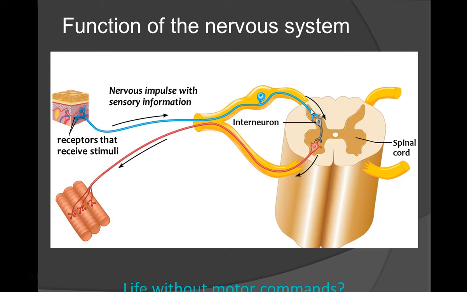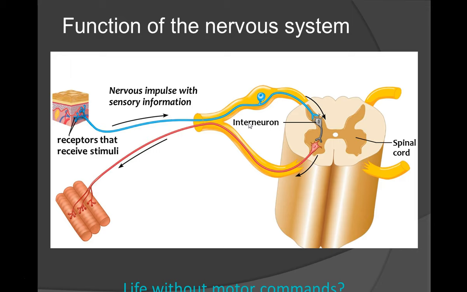It goes here to either the spinal cord or the brain, and there that signal is transferred to the next neuron, kind of like a relay race. That neuron is called the interneuron. Inter means between.